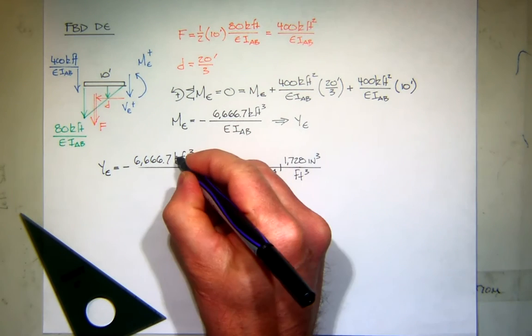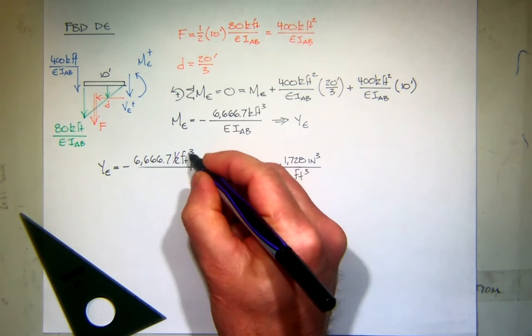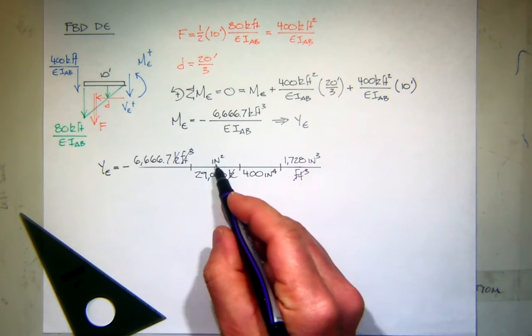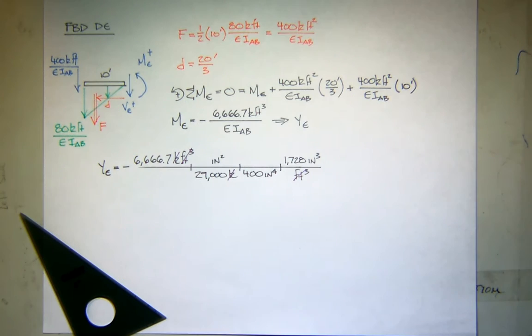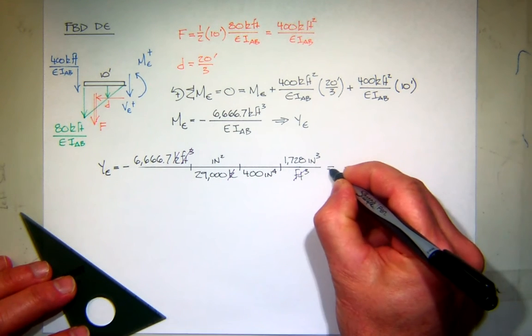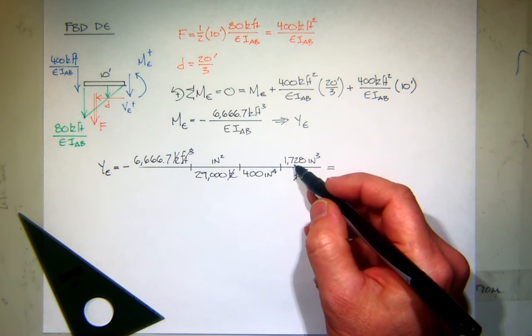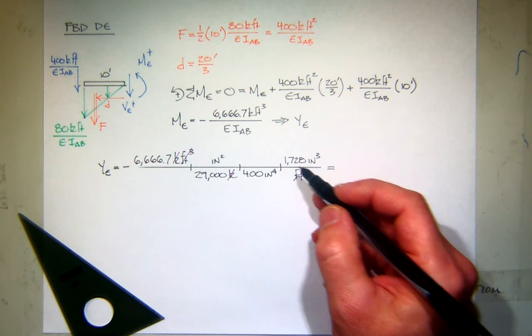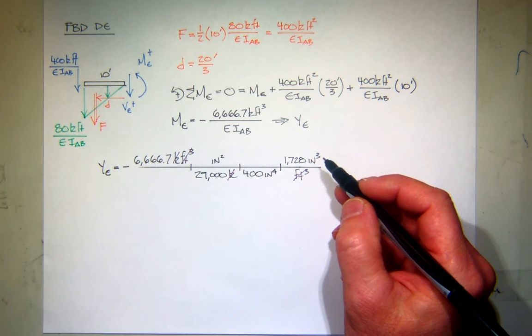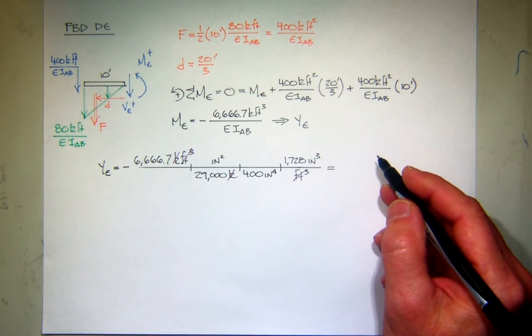And we can all see that kips cancel, feet cubed cancel. Inches to the fifth over inches to the fourth, that should be just an inch. I say 8.2 inches. No, 0.82 inches.